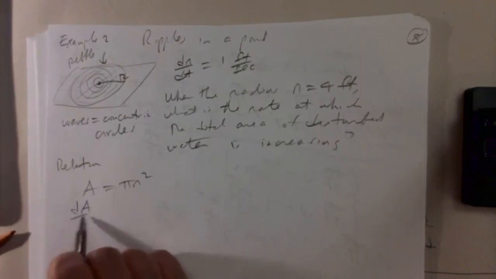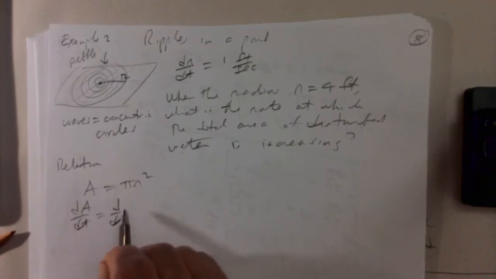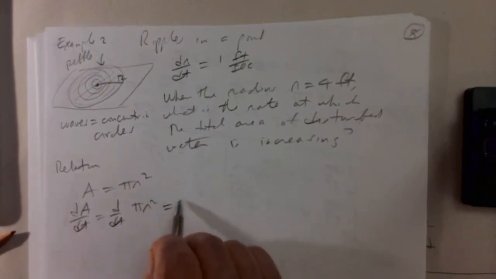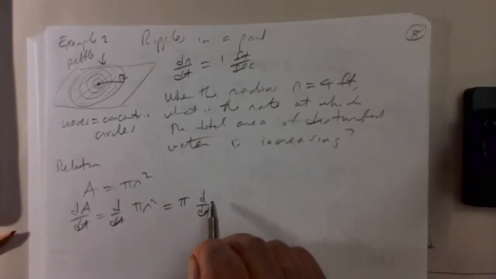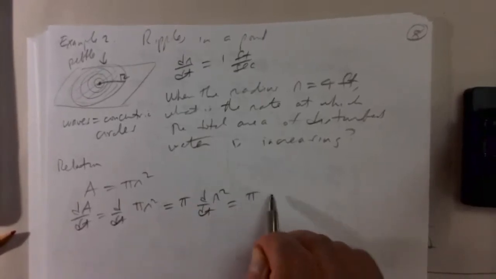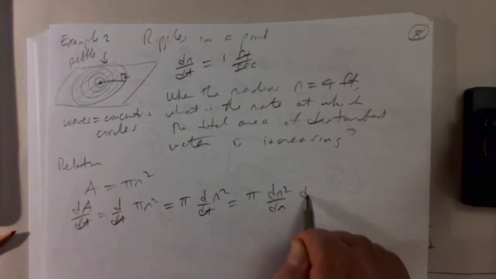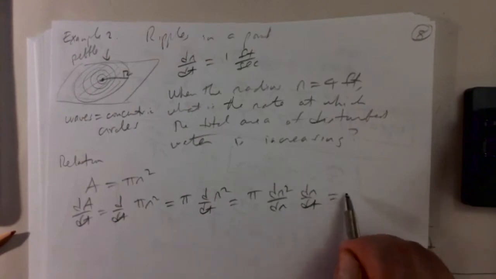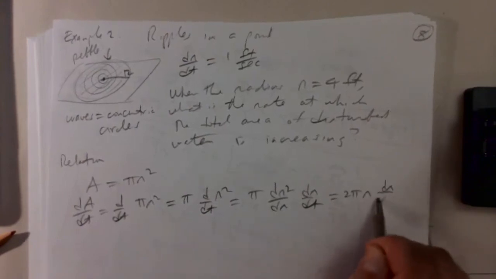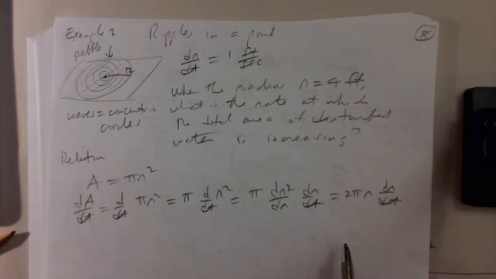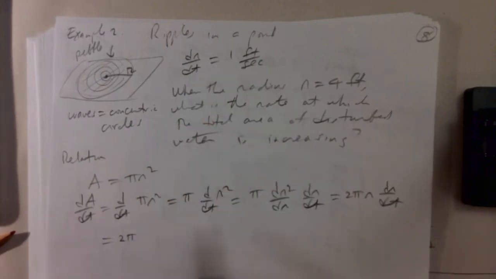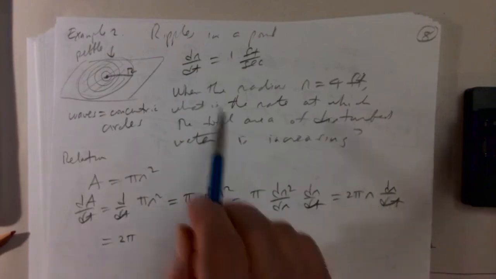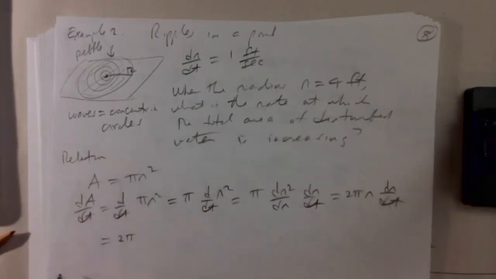So the rate of change of the area is the rate of change of pi r squared. This is pi times the derivative with respect to t of r squared. That's pi times the derivative of r squared with respect to r, times dr dt. The derivative of r squared with respect to r is 2r, so you get 2 pi r dr dt. Well, dr dt is equal to 1, and we want to know the rate at which the area is changing when r equals 4.